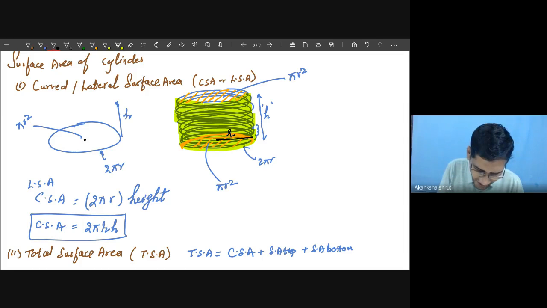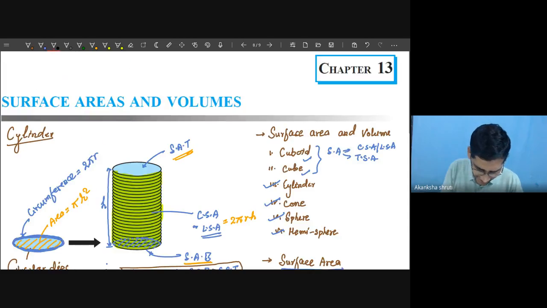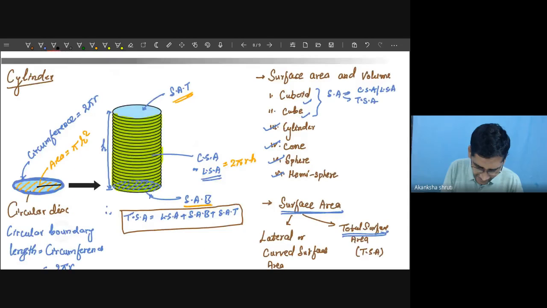Here r is the radius of this cylinder, from here to here, and h is the height, like we have drawn. r is the radius of the same disc, or the radius of the cylinder. Are we okay?